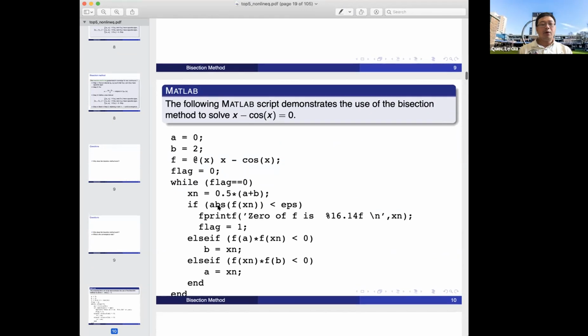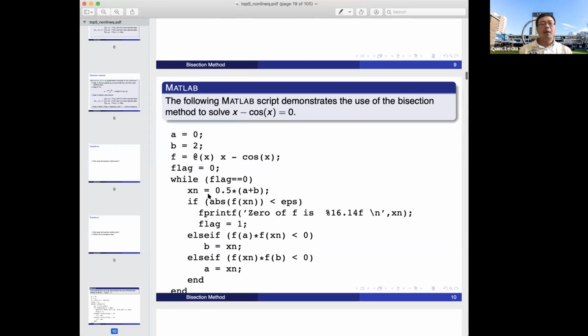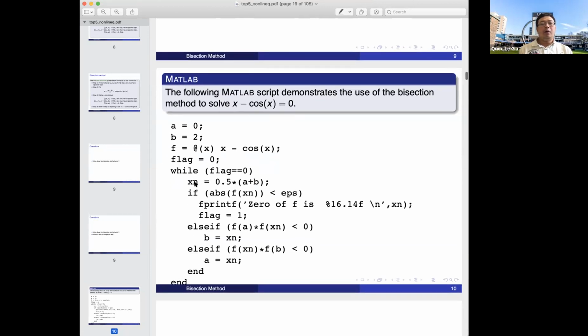And now, because you don't know how many times you do the iteration, maybe we just use a while loop, okay? And now we compute the midpoint. So the midpoint xn is just 1/2 of a plus b, yeah?